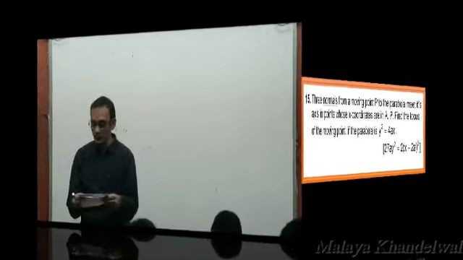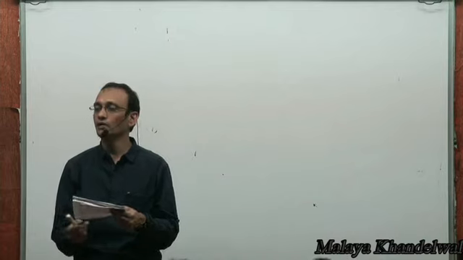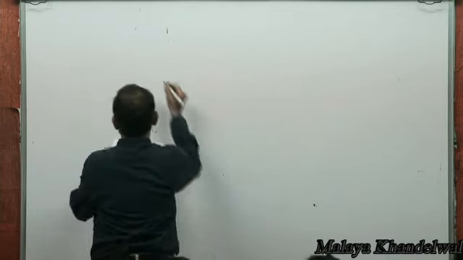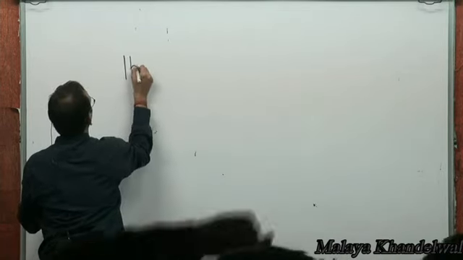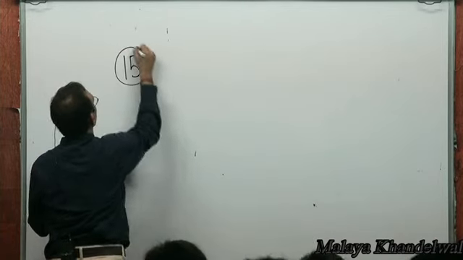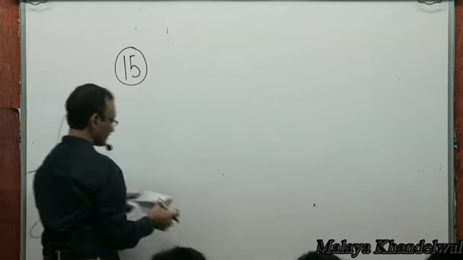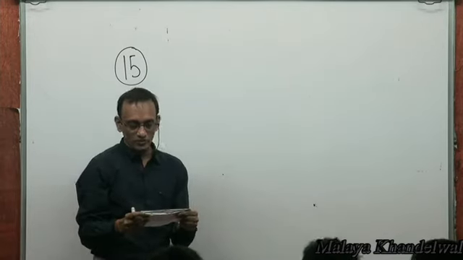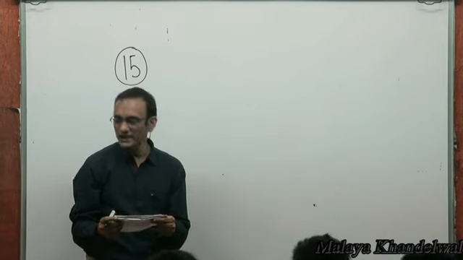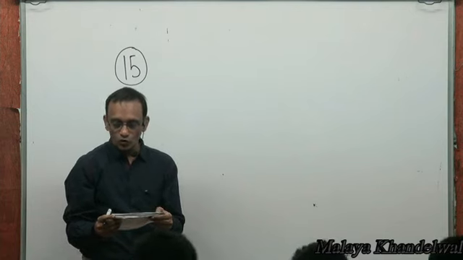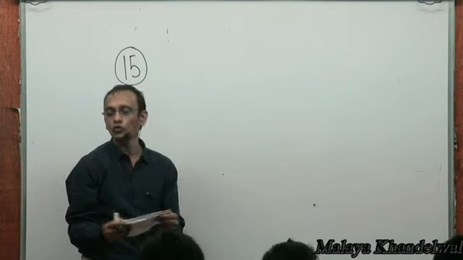Three normals from a point P to the parabola. Say the problem number 15. Three normals from a point P to the parabola meet its axis at points whose coordinates are in AP. Find the locus of the moving point.